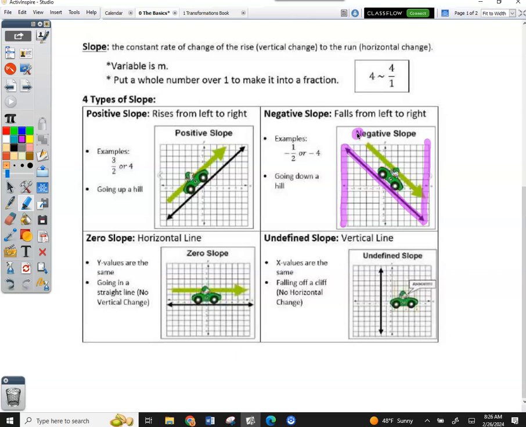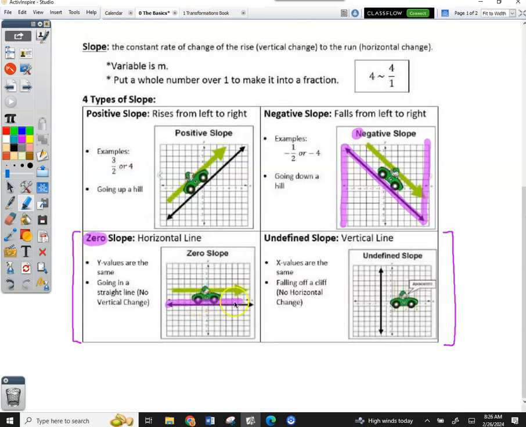Then you have 2 specific special case scenarios. These are called special cases, meaning they don't happen a lot, but they do happen sometimes. When you have a 0 slope, it means that the line is laying down in a horizontal manner.